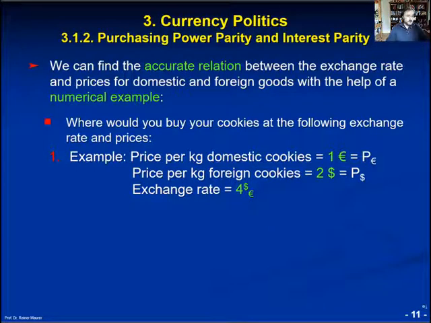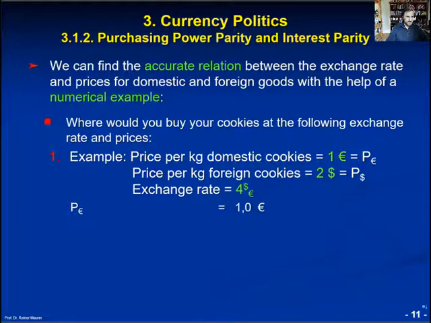To find an answer to this question, we can simply express the prices of cookies in one currency and then compare where cookies are cheaper. Let's express the price of cookies in euro. So we know already that the price of European cookies is €1.